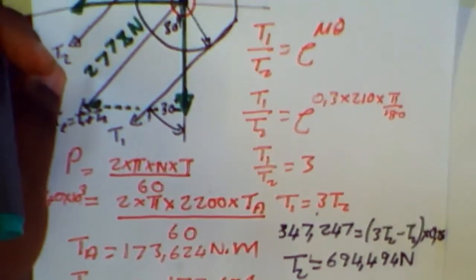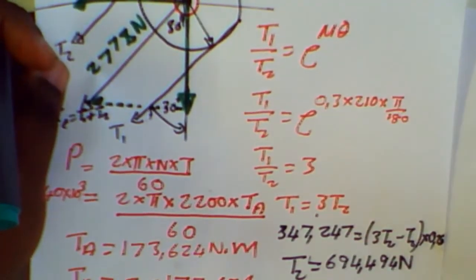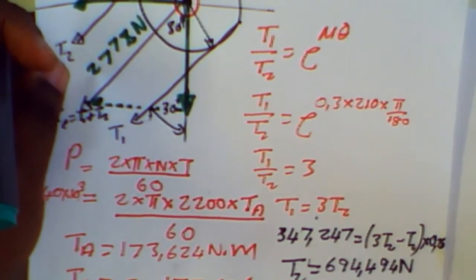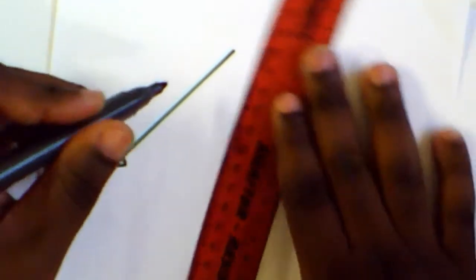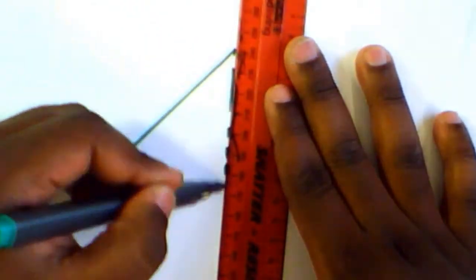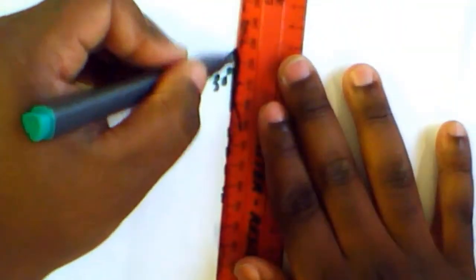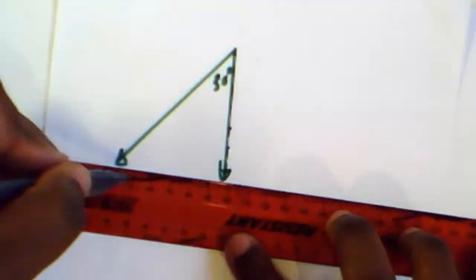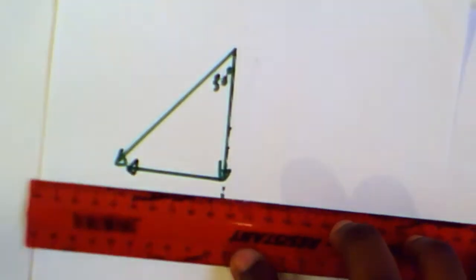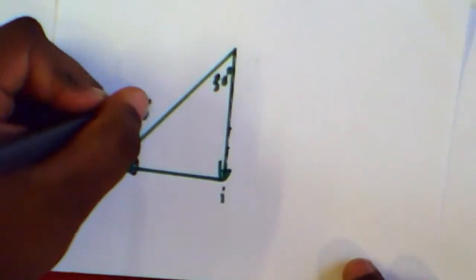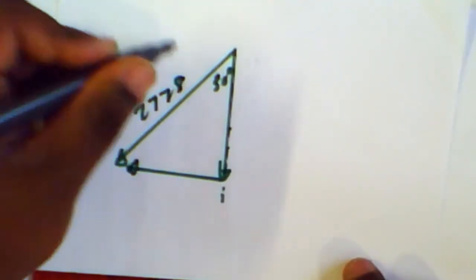So what do I now know? I can say, alright, that is my tension there. So this is the actual triangle that I have. I've got my total tension acting at an angle of 30 degrees. So I'll have my vertical force going down and my horizontal force going to the left. So this is 2778.